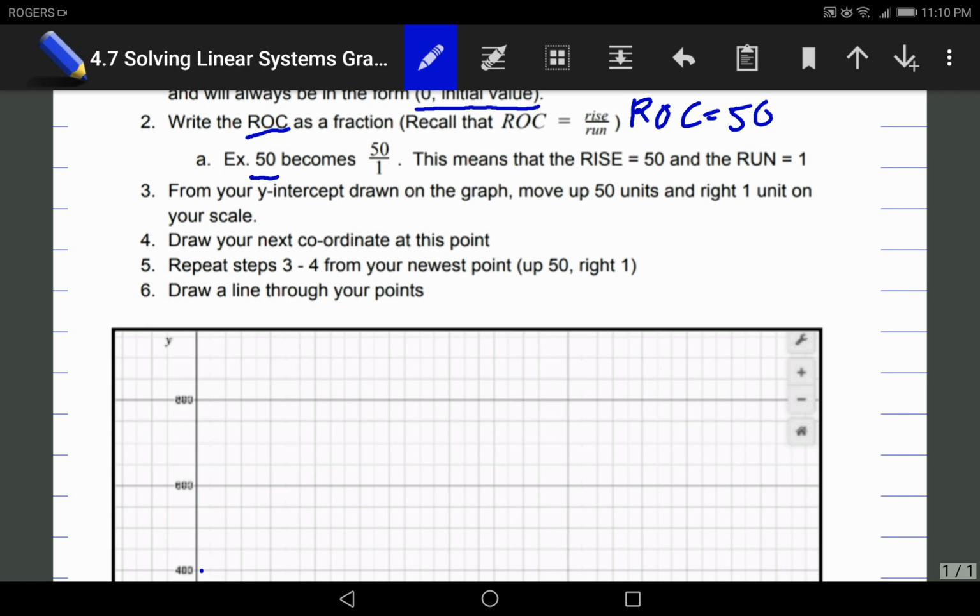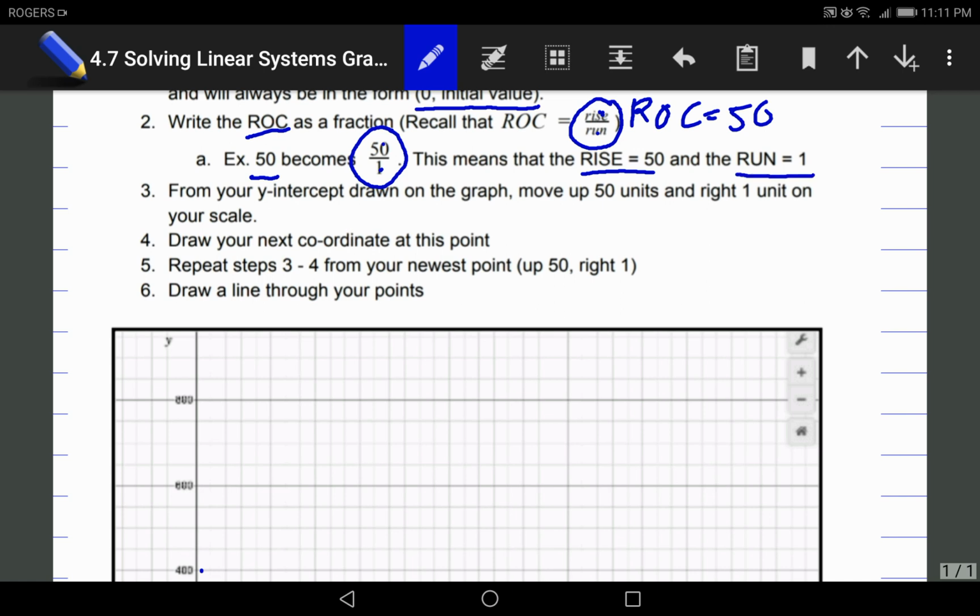Remember, any whole number, if you were to write a whole number as a fraction, it becomes that number over 1. So if I were to write 50 as a fraction, it becomes 50 over 1. And that means that if the formula is rise divided by run, then the rise, which is in the numerator, would be 50, okay? And the run, which is in the denominator, would be 1.